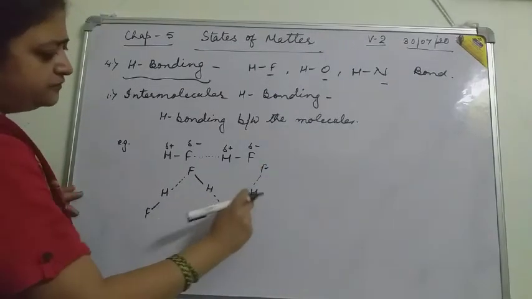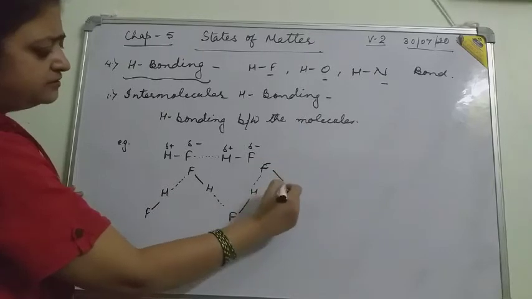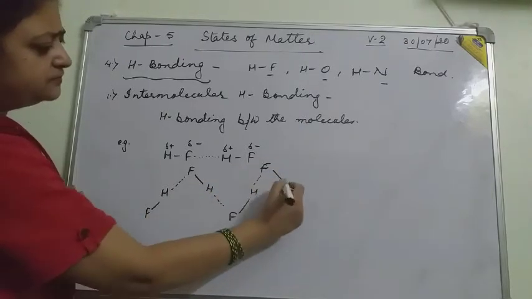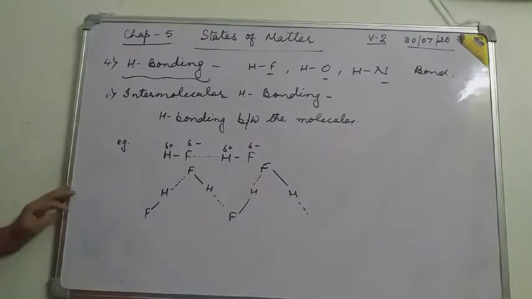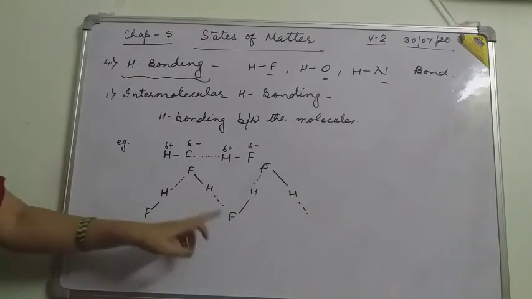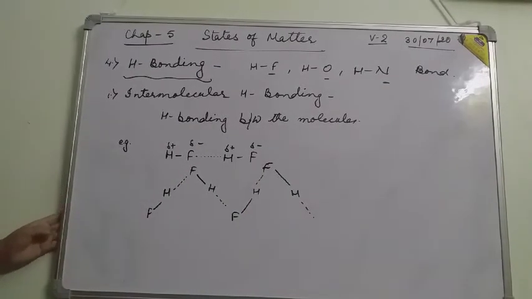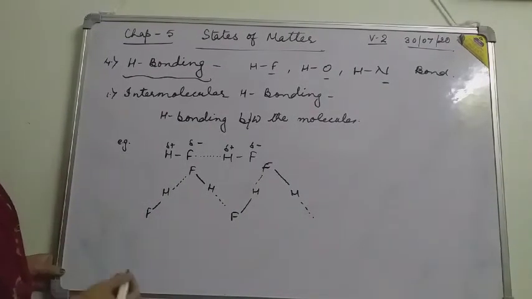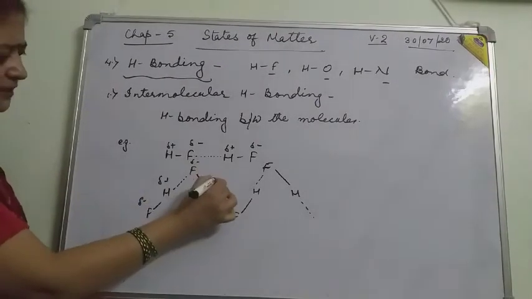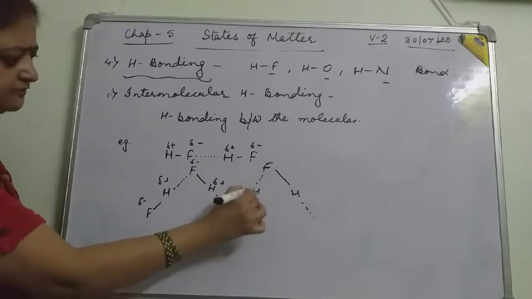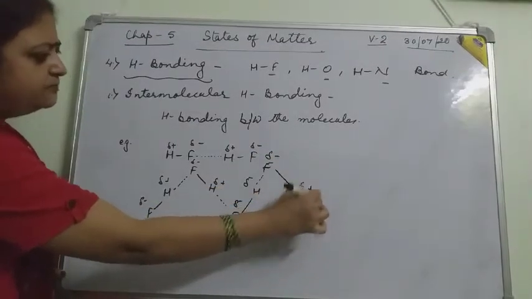Hydrogen is in between the fluorines. So this is the structure of the hydrogen fluoride molecule. Partial negative, partial positive, partial negative, partial positive, and so on.